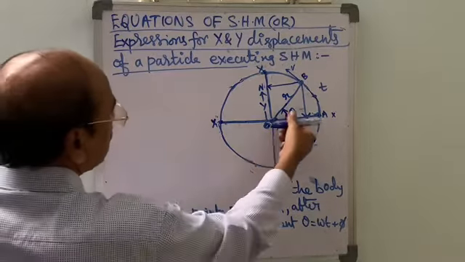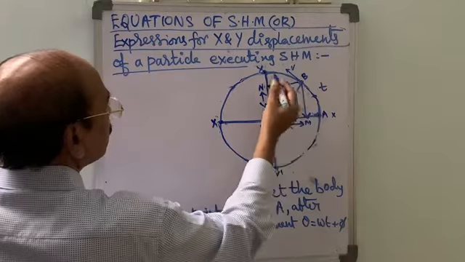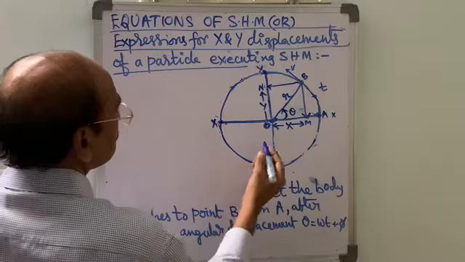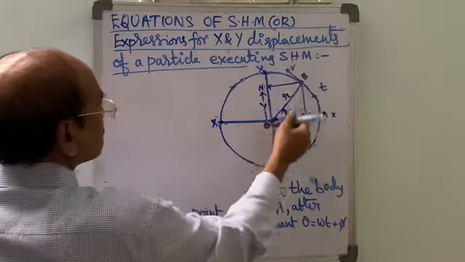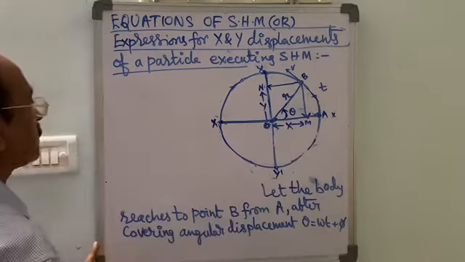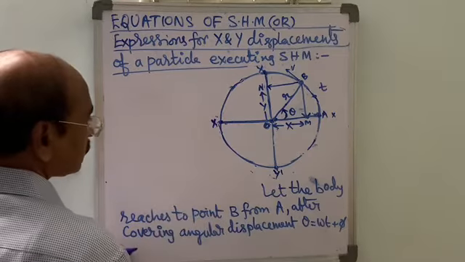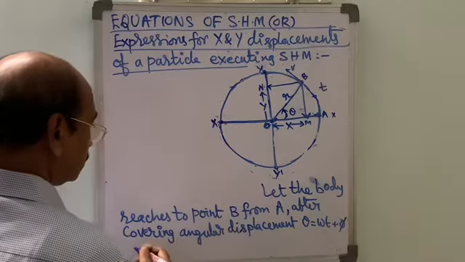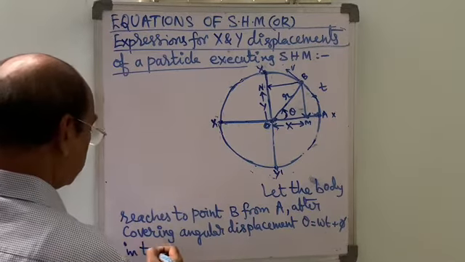So on the x diameter, the x displacement of the body is measured as it rotates along the circumference of the circle, and the y displacement is on the y axis about the mean point O, at time t.